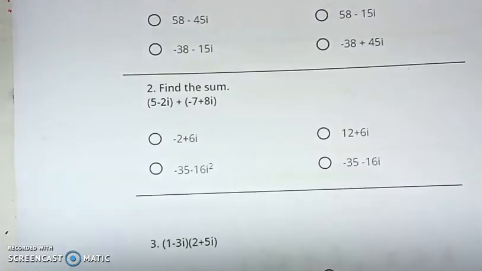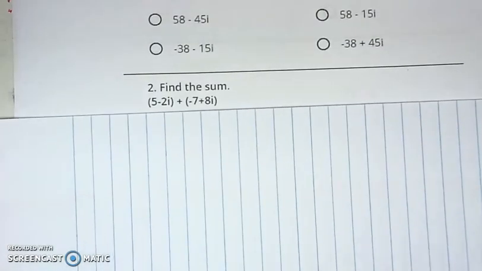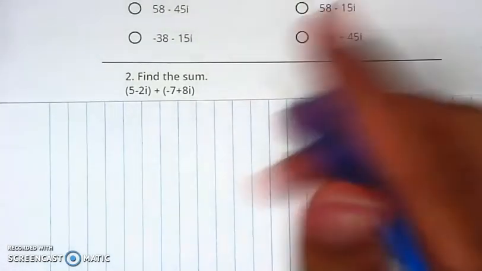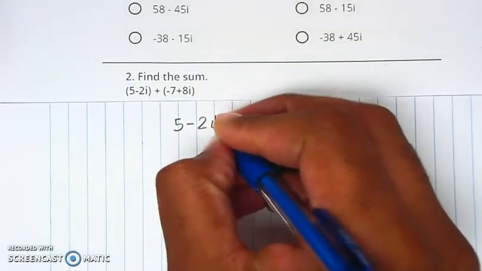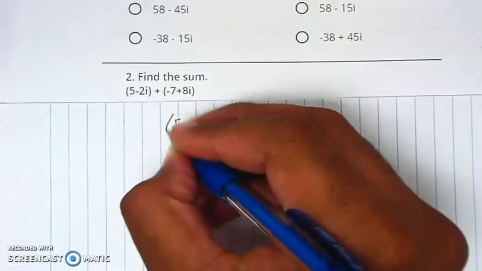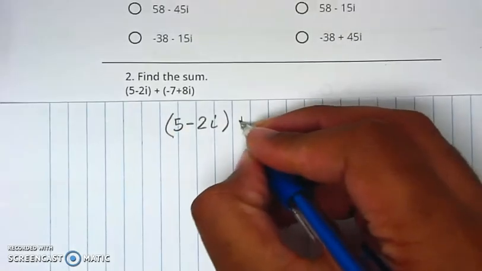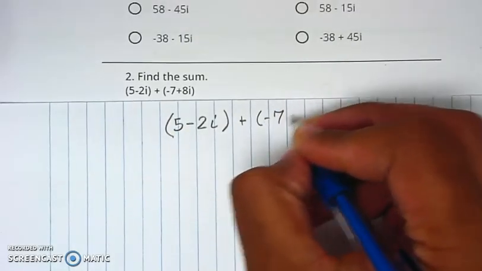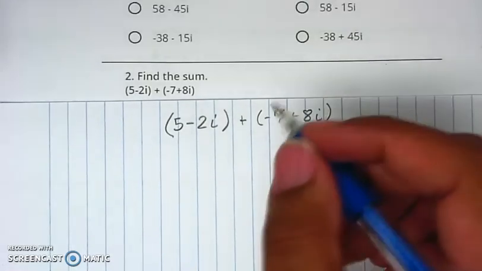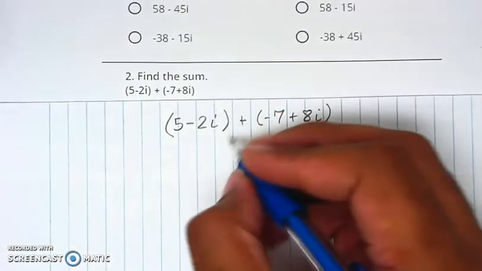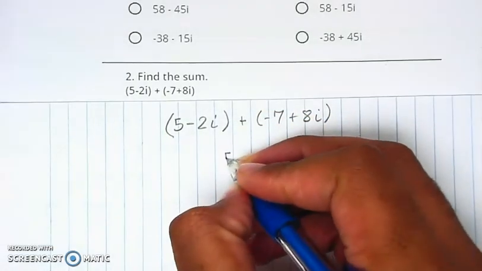Let's go with number 2. We're going to find the sum of this one, and this one is actually easier. We're just going to line them up because it's already addition.